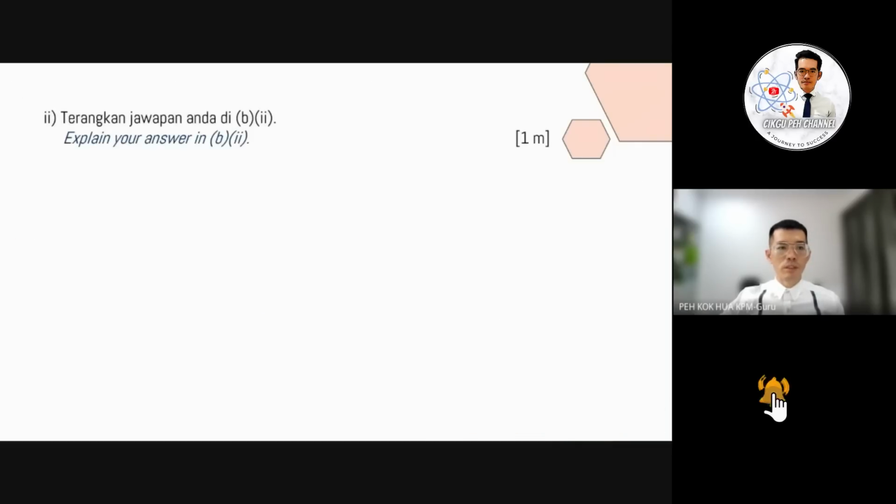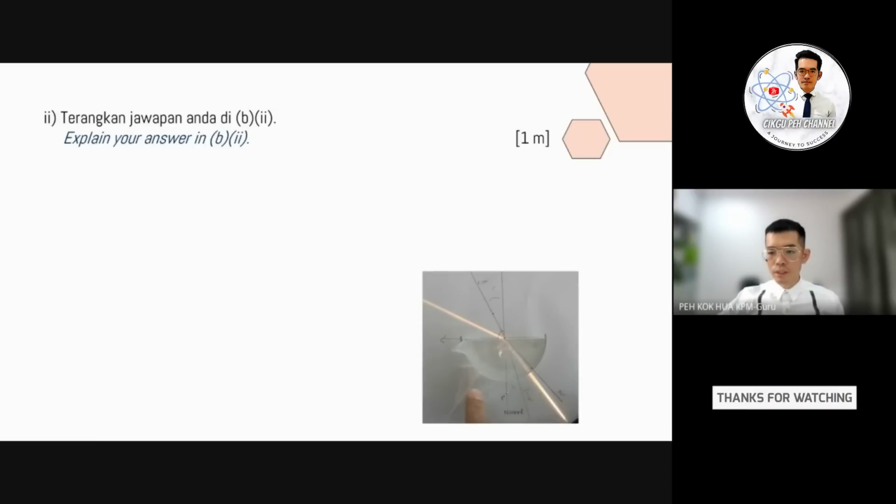And next will be B2. Explain your answer. So why is the incident angle less than the refracted angle here? My simulation just now also explained this to you already.